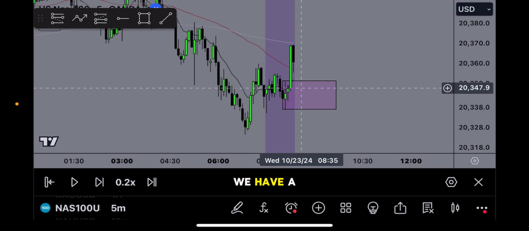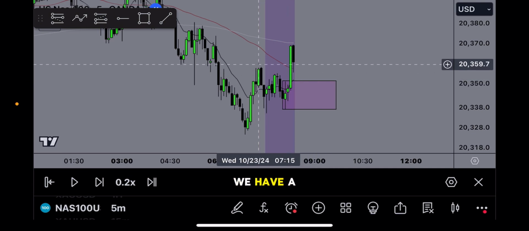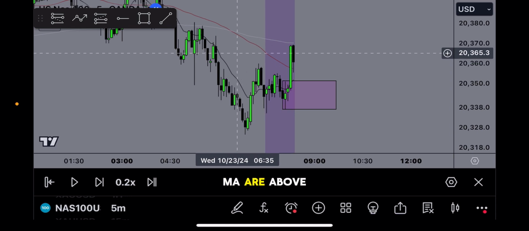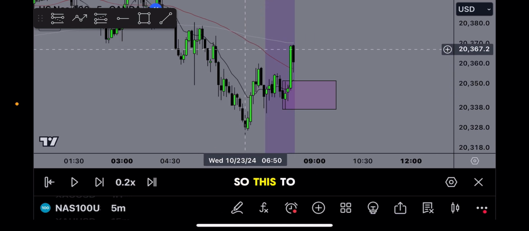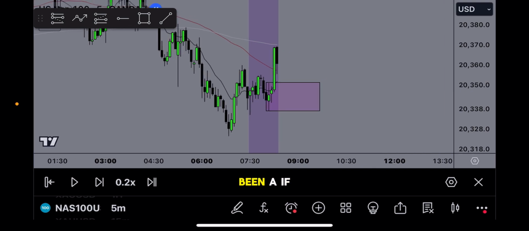So even though we have a demand setup here that's high probability because we have a gap and a break of structure, the 3 MAs are above price. So this, to me, I would not take this trade. This would have been an iffy trade to take just because everything is not lining up correctly.